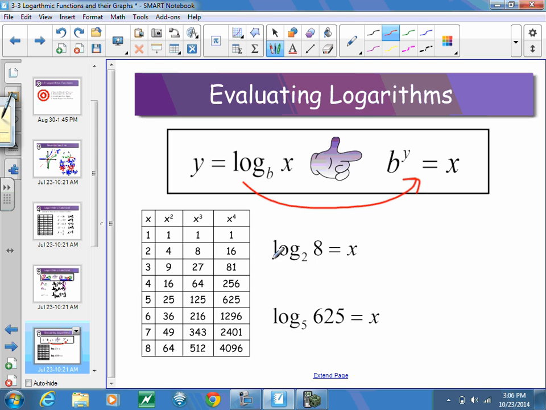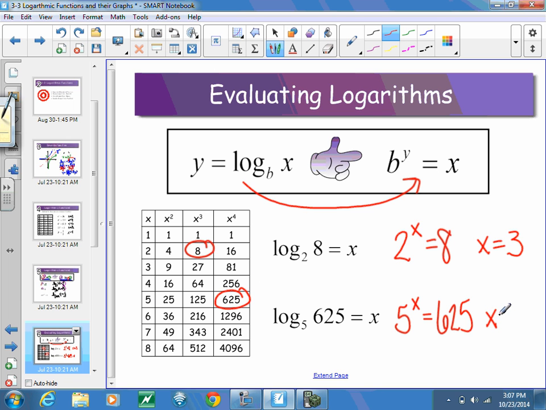So when I look at this problem, log base 2 of 8 equals x, think of it as 2 to the power of x equals 8. And so when I look at 2 to what power gives me 8, that's telling me that x is equal to 3. Log base 5 of 625, 5 to what power is equal to 625? So 5 to the 4th power gives me 625. So here x is equal to 4.